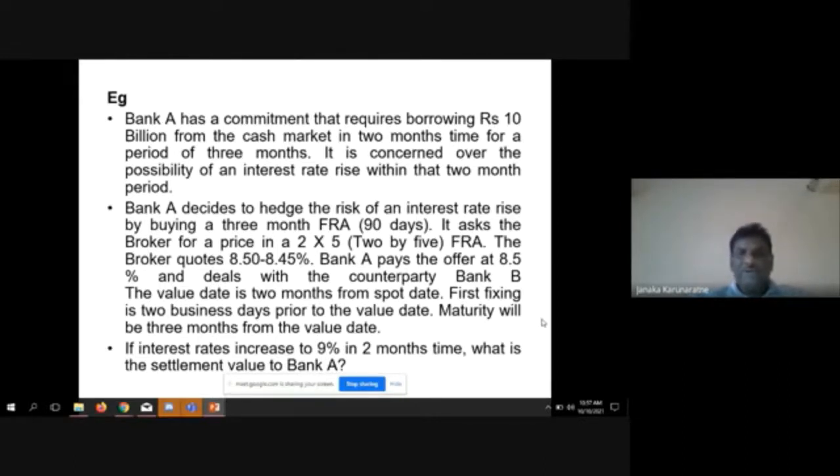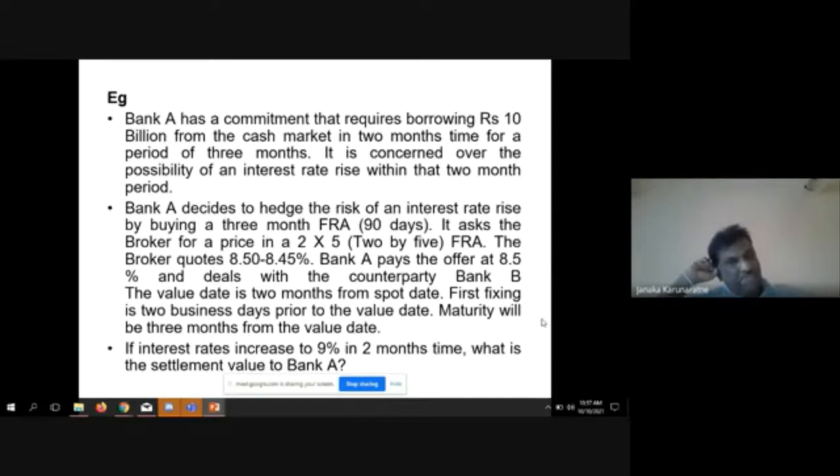So now let's say you are entering through a broker with bank B. The value date is 2 months from the spot date. The first fixing is 2 business days prior to the value date. The maturity will be 3 months from the value date. Those are all technical terms, but basically FRAs are a very common short-term instrument to hedge against interest rate risk.